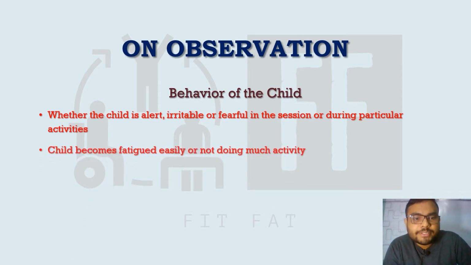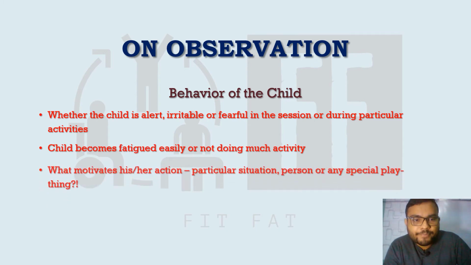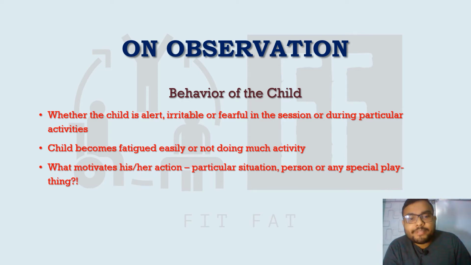Now you need to check if the child becomes fatigued easily or not doing so much activity. Then you need to check what motivates his or her action, right? If it is any particular situation, any particular person or any special plaything, correct?